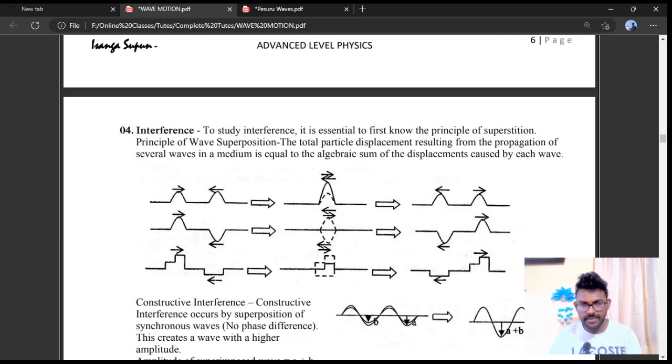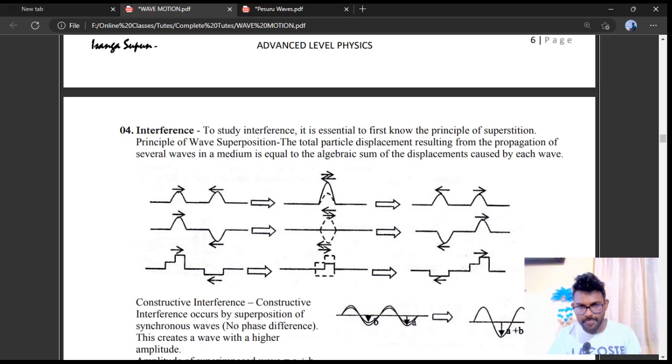For an example, you can see here in this first example, both waves are coming facing together like this, and both waves are coming up. Then what will happen once they get superimposed here?